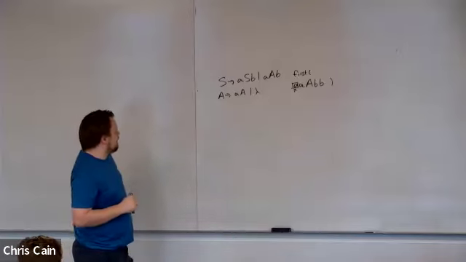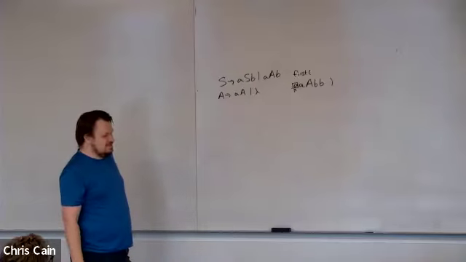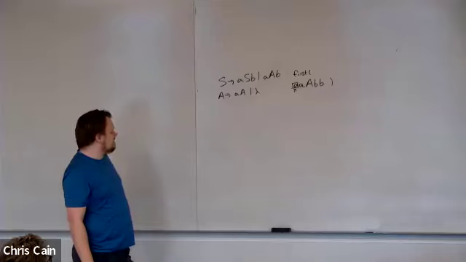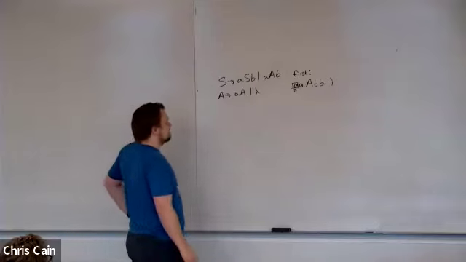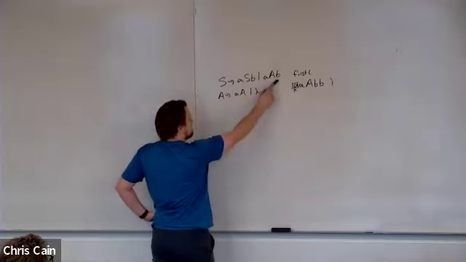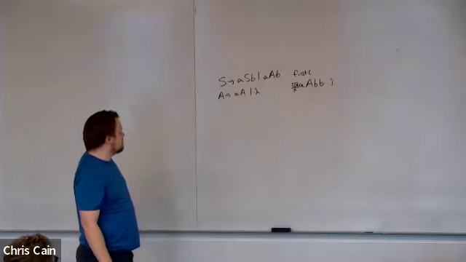What's nice about this whole thing is the first of everything has to be an a. Follows is where you can get B's, but the first of an S or the first of an A has to be an a. Well, unless A derives lambda, in which case it's not really a first though.